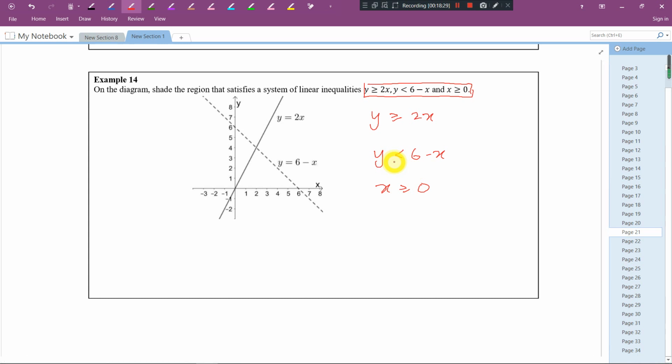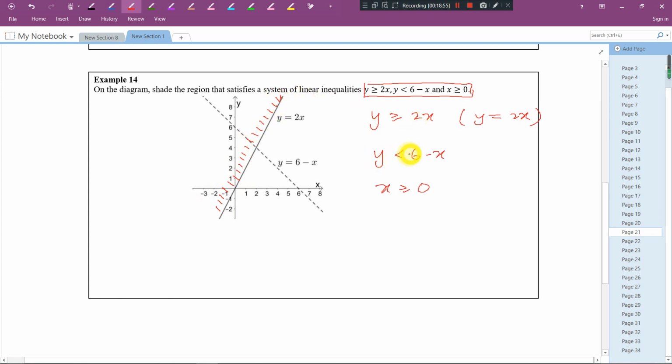Hopefully you still remember. Make sure you look at y and y is positive. Okay, so y is greater than or equal to 2x. I have to look at this line, y is equal to 2x, which is here. And it's greater than, above this part. Above.